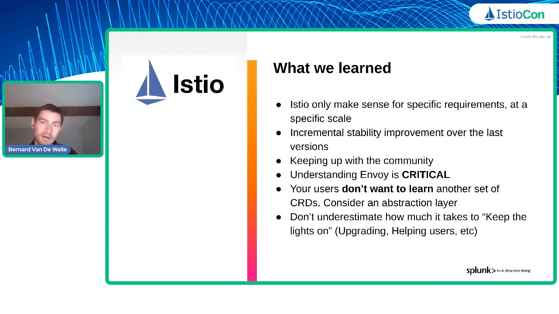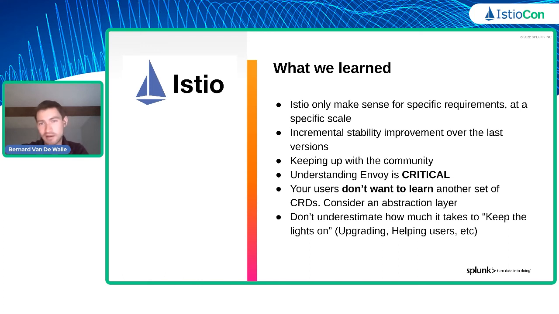One thing that we noted as well is we use Istio since Istio 1.3, I think, and we've seen every version is becoming incrementally better. This is very clear to us. We have seen it becoming easier to use, yes, but also it uses less resources, and it's getting easier to install, for example.